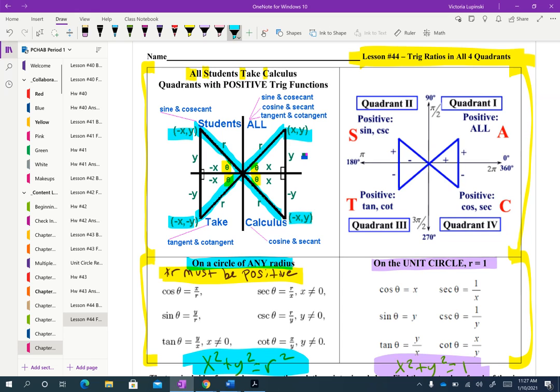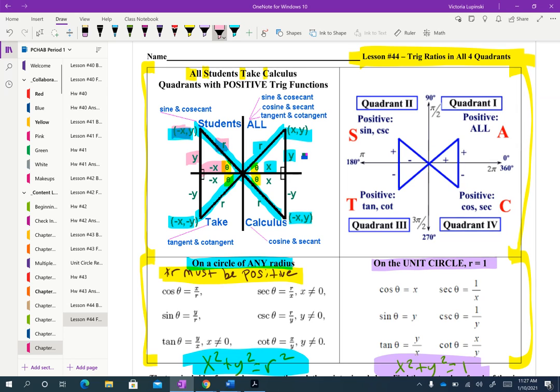What the all students take calculus means is that in quadrant 1, because r is always positive and x and y are positive, if you were to calculate the 6 ratios, you'd be able to say that all 6 trig functions had to be positive, which is why they call that all. In the second quadrant, while the r and the y would have to be positive, the x would have to be negative.